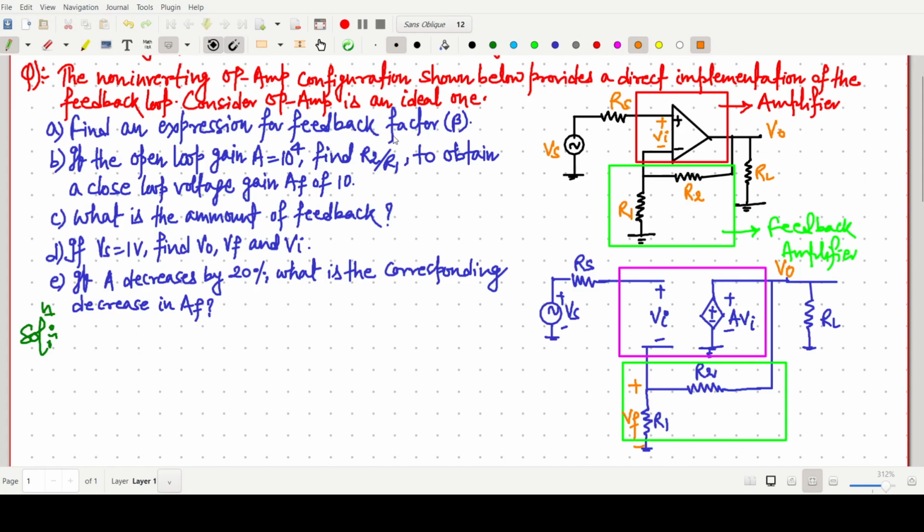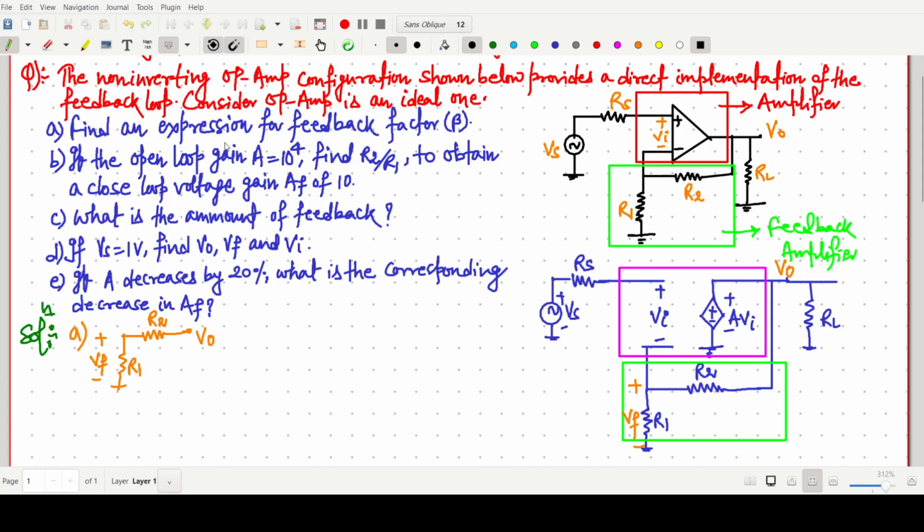So the very first question: find an expression for the feedback factor beta. I am just taking part A. Here we have R2, and this one is R1, grounded, and this one is V naught, and this one is our Vf.